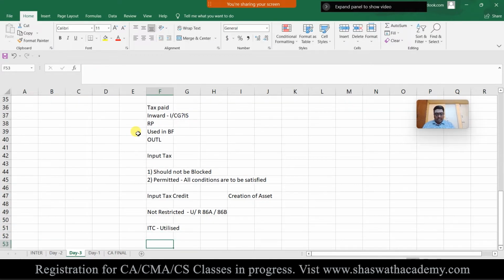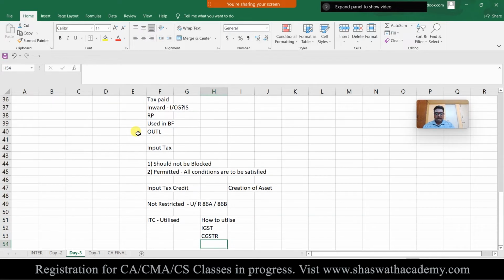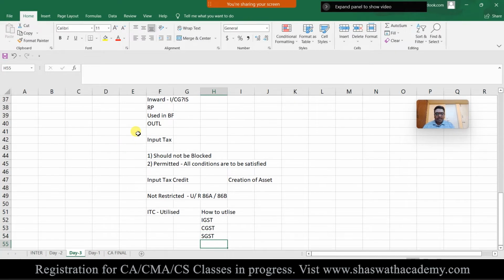Okay, sir. Then also there are restrictions. Sir, how to utilize? You have said utilize. How to utilize, sir? This you would have covered in chapter number 1 in the name called manner of utilizing input tax credit or seamless flow of credit. That is to say, first asset to be exhausted is IGST, second is CGST, and third is SGST. So you would have learned the order wherein IGST has to be first utilized only for IGST.